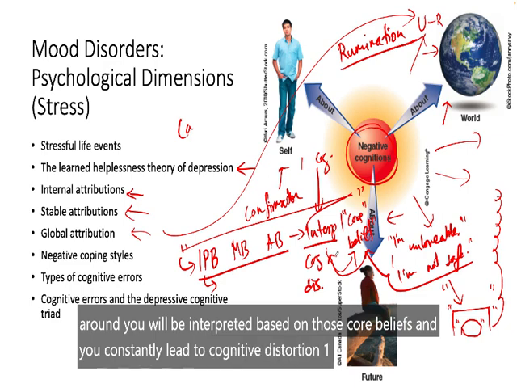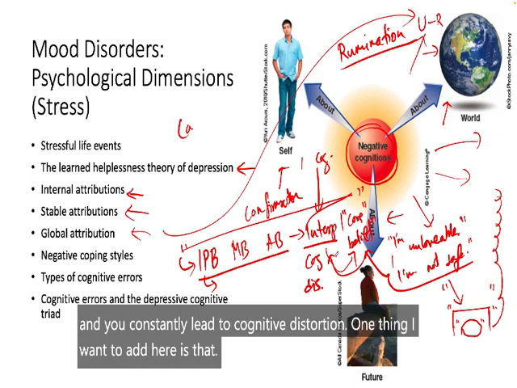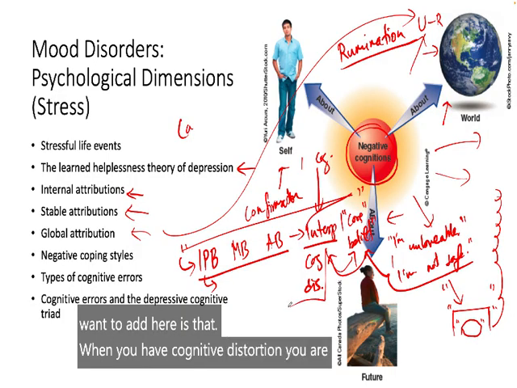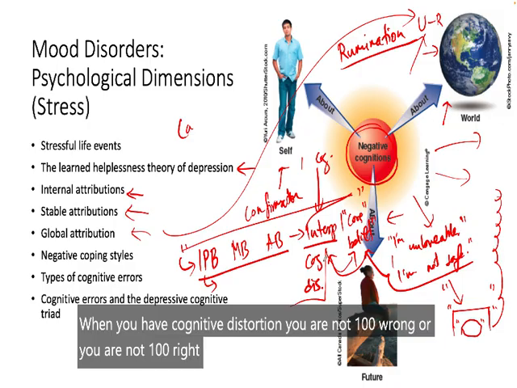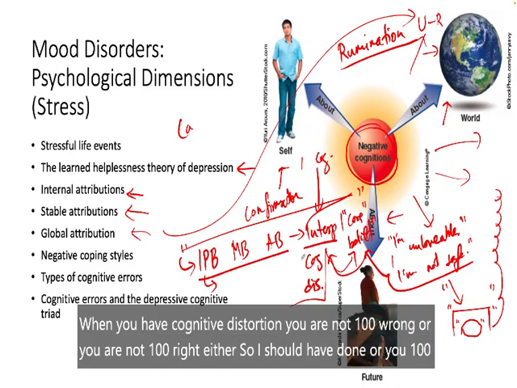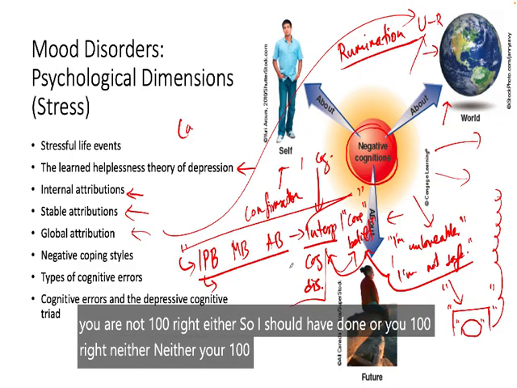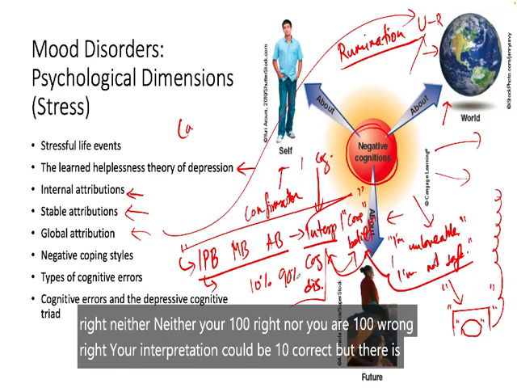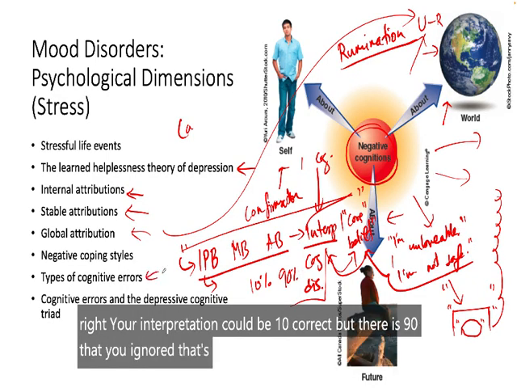One thing I want to add here is that when you have cognitive distortion, you are not 100% wrong, or you are not 100% right either. Your interpretation could be 10% correct, but there is 90% that you ignored. That's what happens in cognitive error.